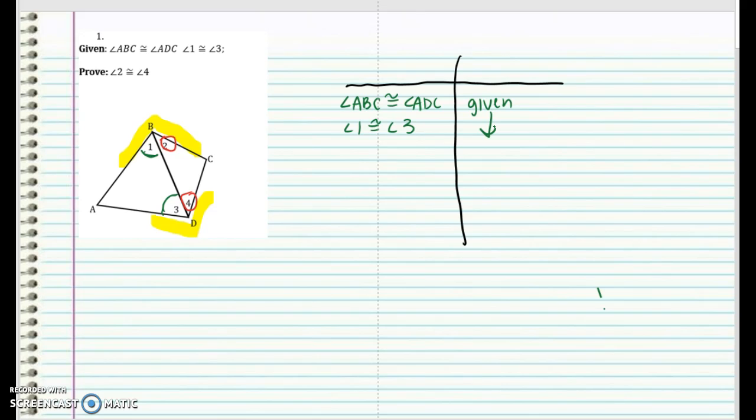We don't really know anything else in this picture, so the next thing I'm going to do is my angle addition postulate. So I'm going to say angle 1 plus angle 2 equals the measure of angle ABC, and the measure of angle 3 plus the measure of angle 4 equals the measure of angle ADC.